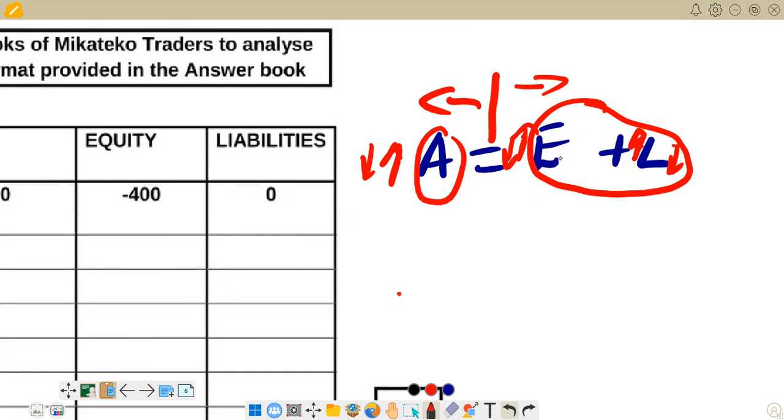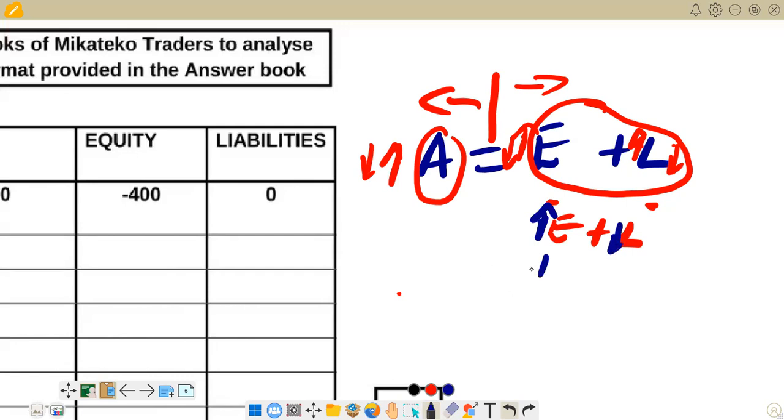But when a transaction is affecting equity and liabilities, one of the accounts that we opened is affecting equity, the other account is affecting liabilities. It means we are going to see a negative relationship whereby we are saying it's equity plus liabilities. So if our equity is a plus, it's increasing, it means we are going to see a reduction here.